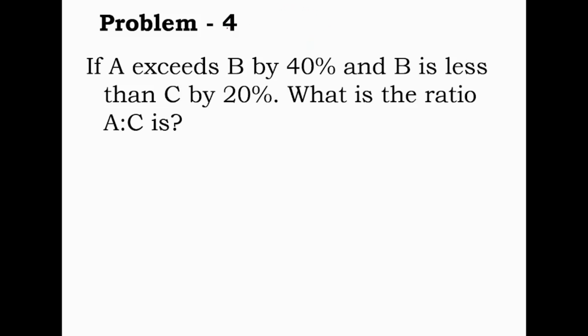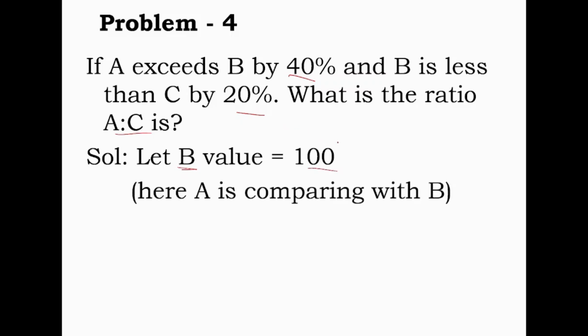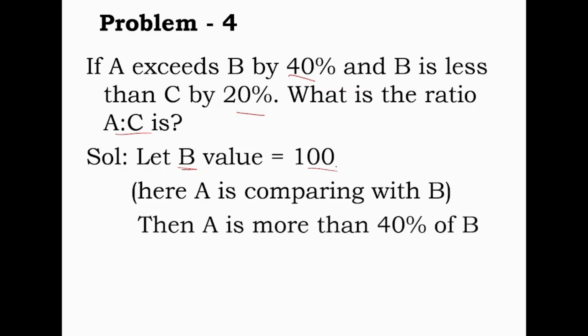Now we discuss the fourth problem. If A exceeds B by 40% and B is less than C by 20%, what is the ratio of A to C? From the information, we are comparing the A value with B. So B is considered to be 100 and A is 40% more, that means 40 more than B. So B plus 40, that is the A value, becomes 100 plus 40, that is 140.